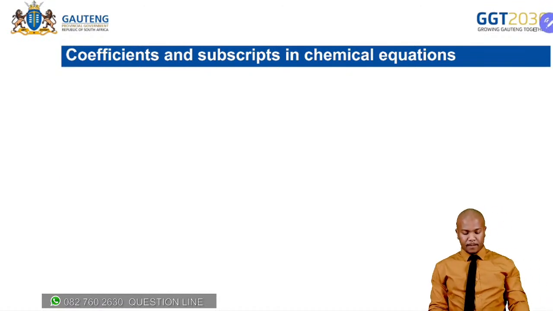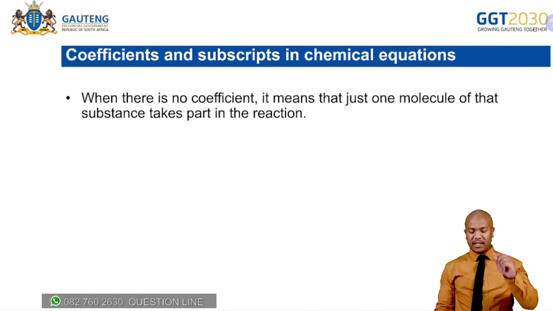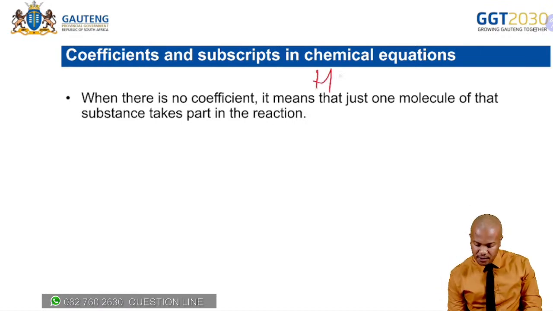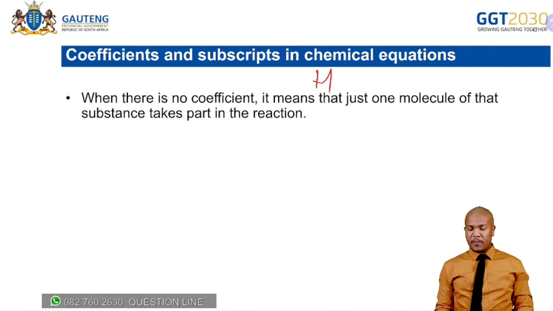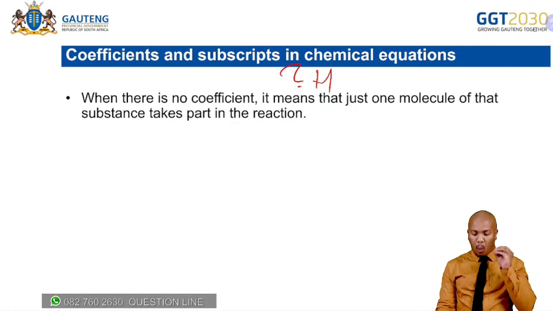Moving on. So when there is no coefficient, it means that there is one molecule of that substance taking part in the reaction. So meaning what? If this H stands alone like this, and there is no coefficient here, it means that there is only one molecule of this hydrogen atom.